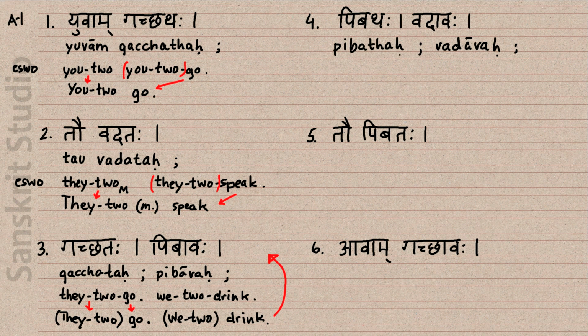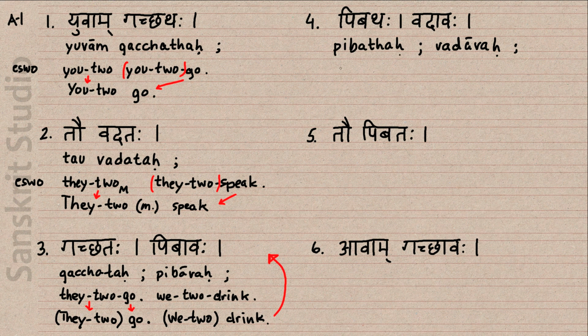So it's about pibati and vadati, and in the first case here we have second person dual. So these are dual, both of them, because this is one of the dual lessons, so it's no surprise that we have only dual here.